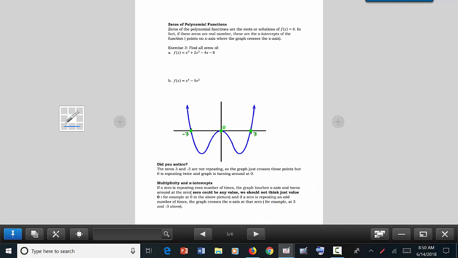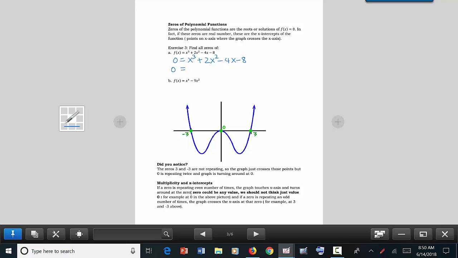Number 3, we are finding zeros, and as we learned in the previous section, finding zeros means we are solving for x. 0 equals x cubed plus 2x squared minus 4x minus 8, or in another language we can call it x-intercepts also. There are 4 terms.